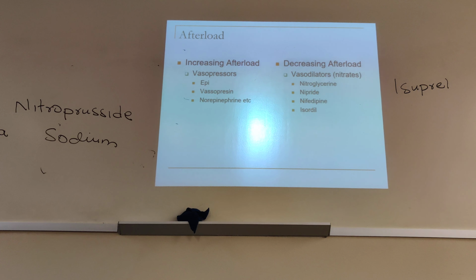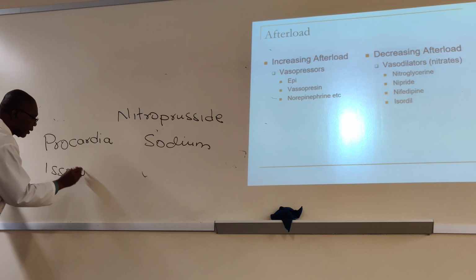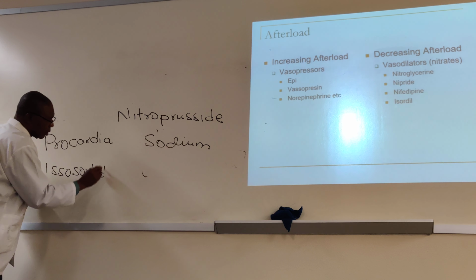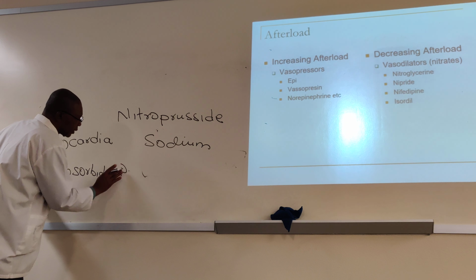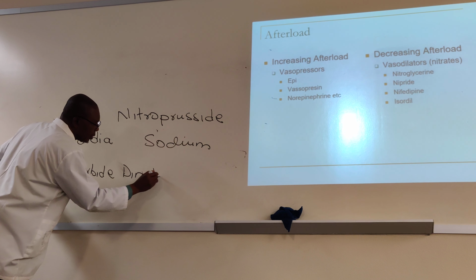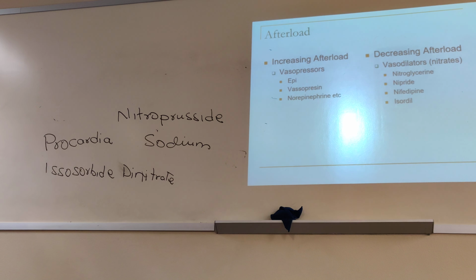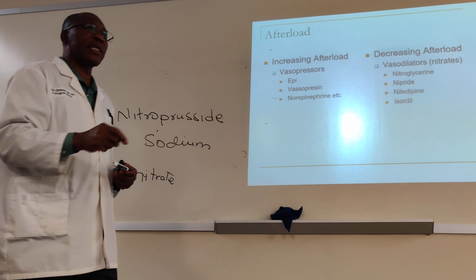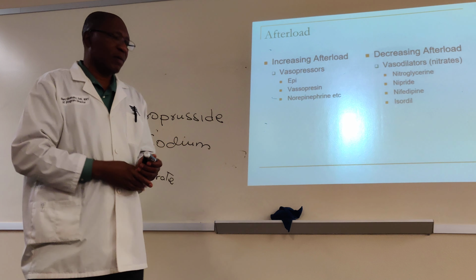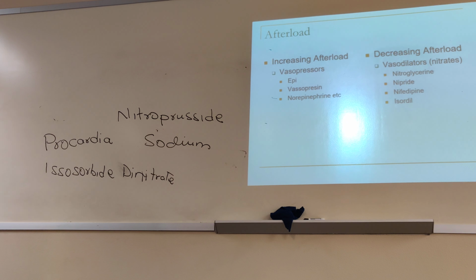And then there's Isordil or isosorbide, the nitrate. If it's not one of these here, anything nitrate, nitrous, any kind of nitrate is a vasodilator. If it sounds like a nitrate to you, you pick it. Okay?